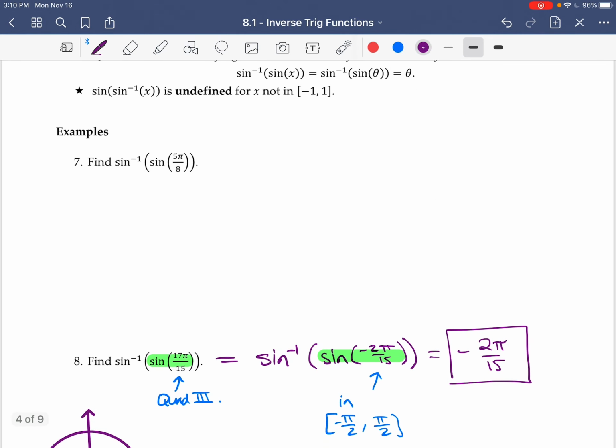Now I left one here where we're not in that interval. 5 pi by 8 is in quadrant 2, so let's just draw the picture here. If I split pi into 8 bits, I split it in half, and then I split the halves in half.